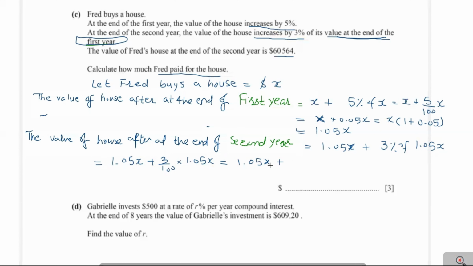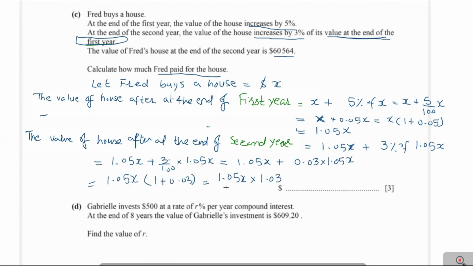1.05X plus 0.03 into 1.05X. Now we can write it as 1.05X taken as common: 1.05X common, 1 plus 0.03, and that will be equal to 1.05X multiplied by 1.03.